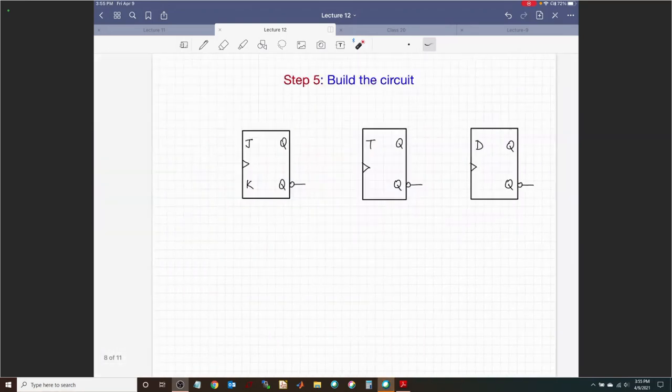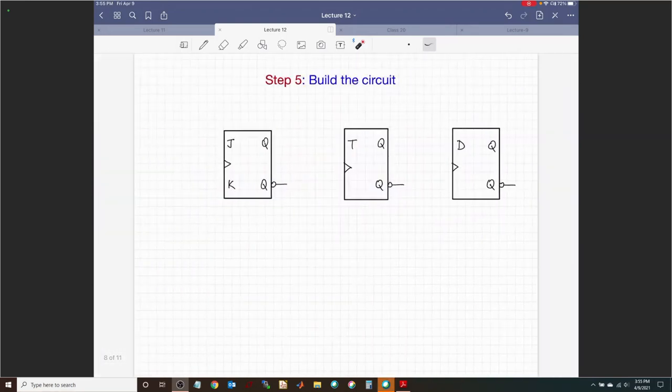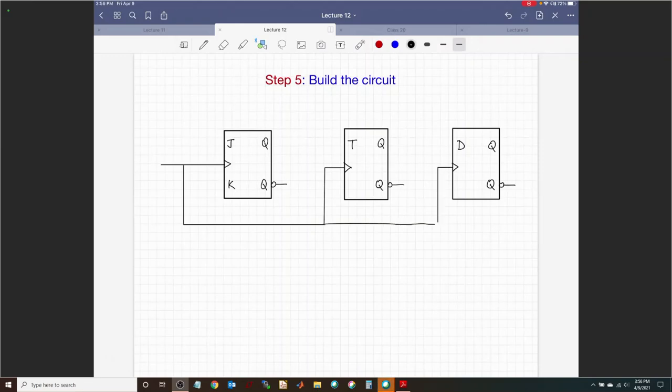All right, let's come back. So we got J, T, and D. Let me also put in the clock. So let's say I have a clock here, and the same clock gets connected to here. It is a synchronous counter, right? What does a synchronous counter mean?